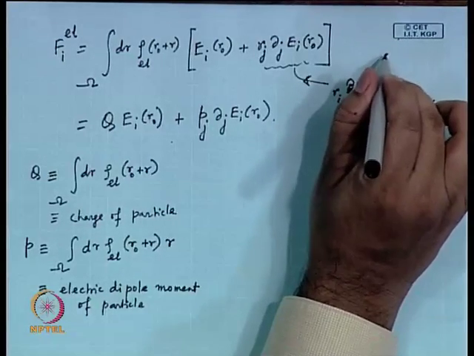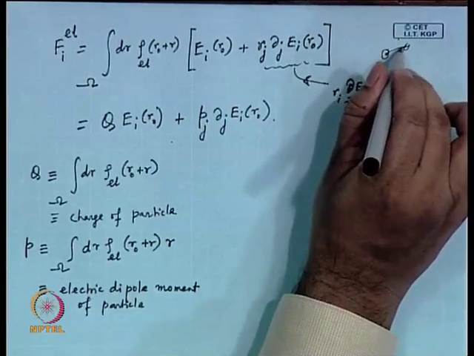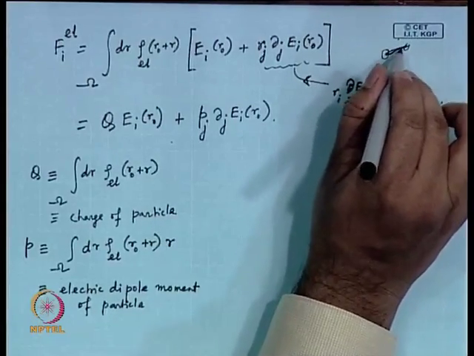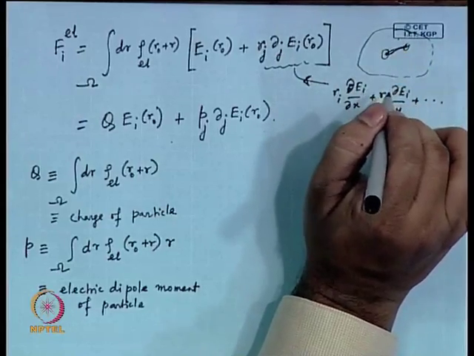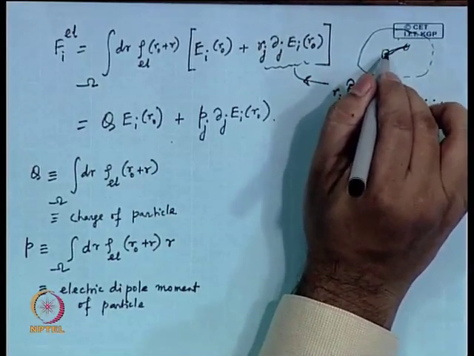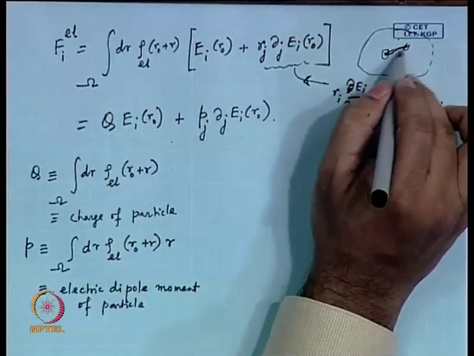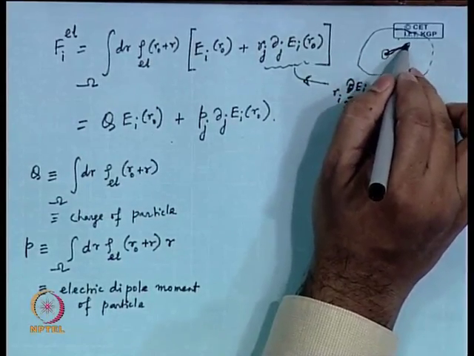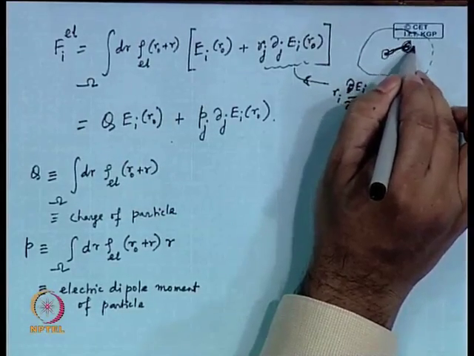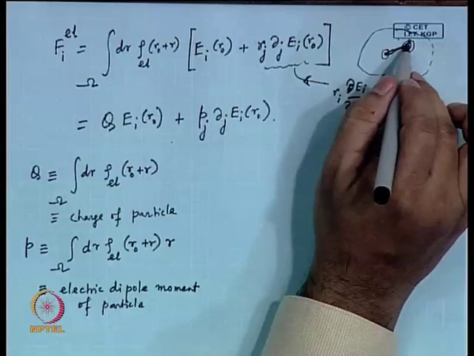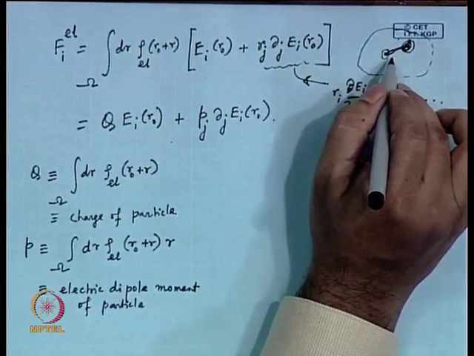Suppose this is the region omega, and this is the center r0. Around the center r0, you are expanding E. So for any other point r0 plus r, if you try to find the value of E at that point, you are using this Taylor series expansion for that purpose.